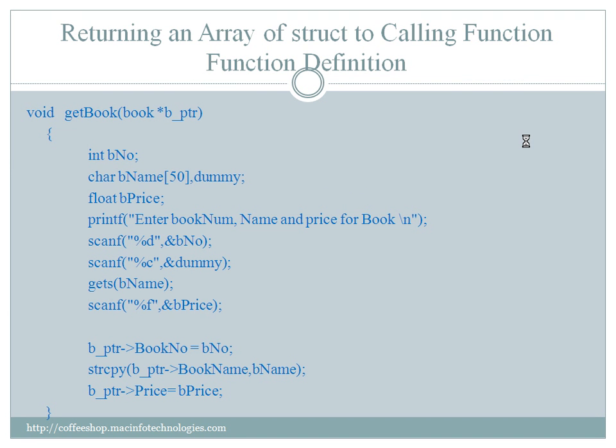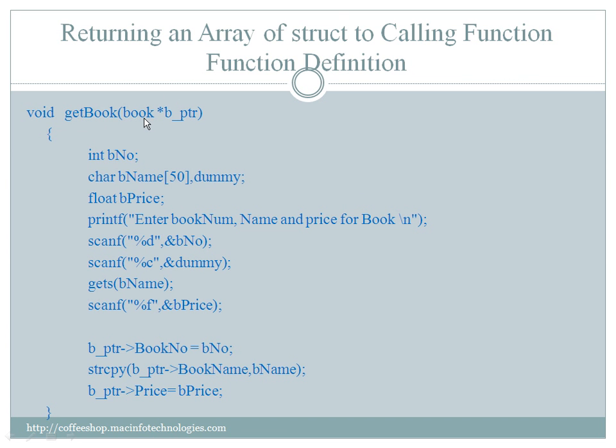We'll see how to return an array of struct to the calling function. This is the function definition we have here. The function name is getBook. We are using a function to get the book values into an array of books.